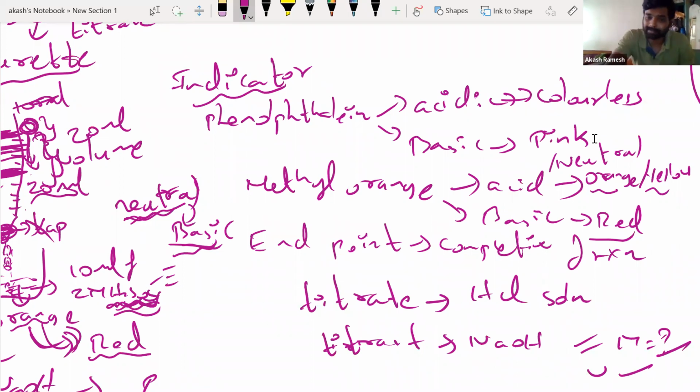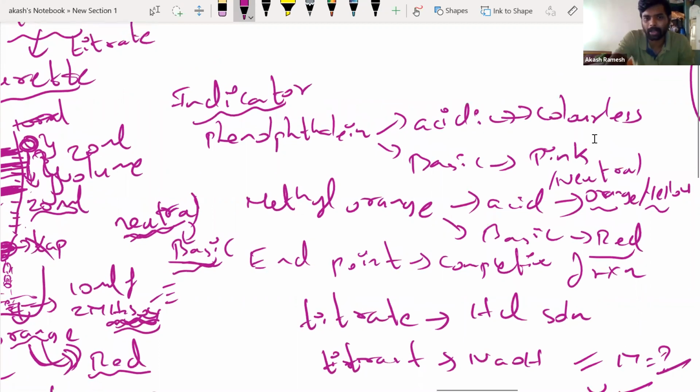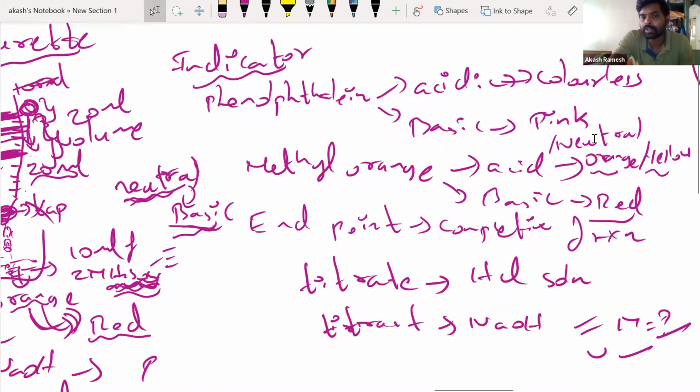Now there will be some changes here. If titrate is HCl solution and titrant is NaOH, which will go into the titration flask and which will go into the burette? If I have these two, which will go into the flask and which into the burette?